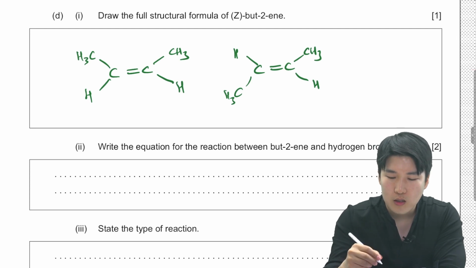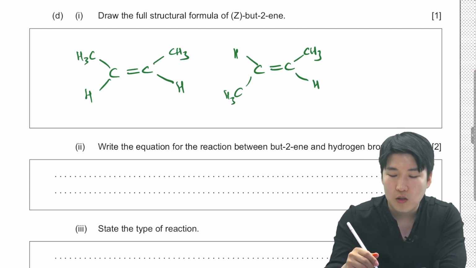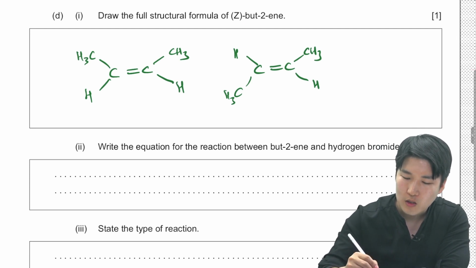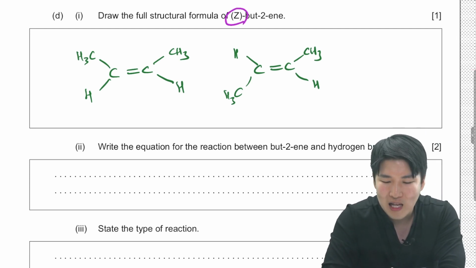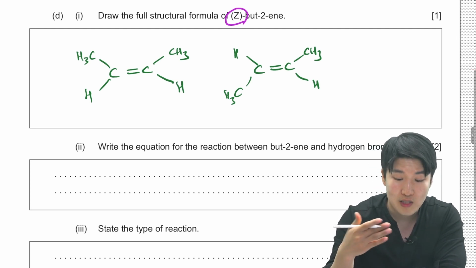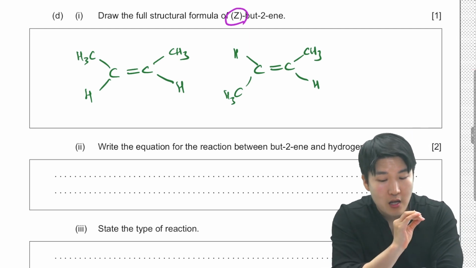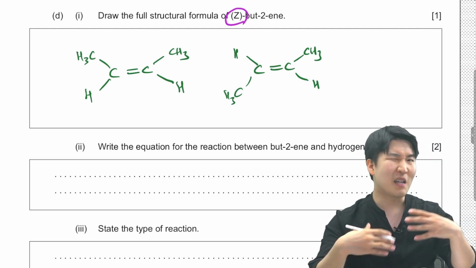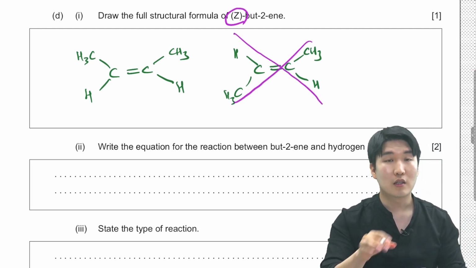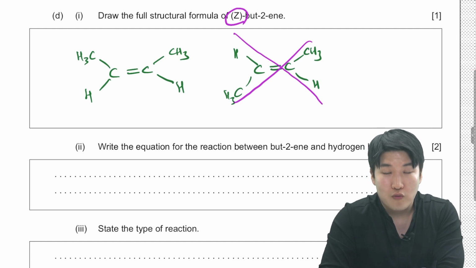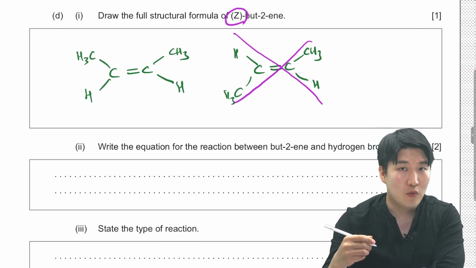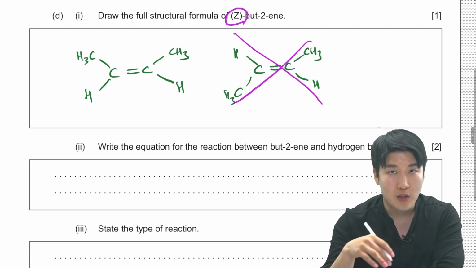For the HL purpose, we want to acknowledge the Z annotation given at the beginning of butene, which is asking us to pick out the structural isomer with the two methyl substituent groups on the same side. So we want the first structural formula that we have drawn. But for the SL level, we don't need to know what Z stands for. Therefore, both drawings could work.